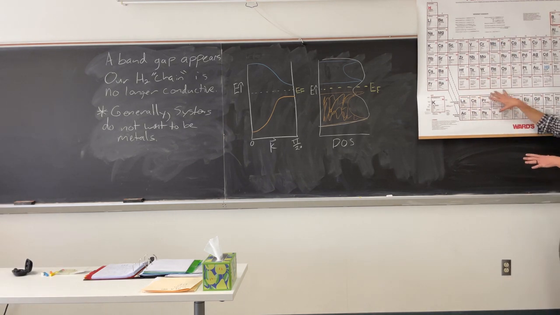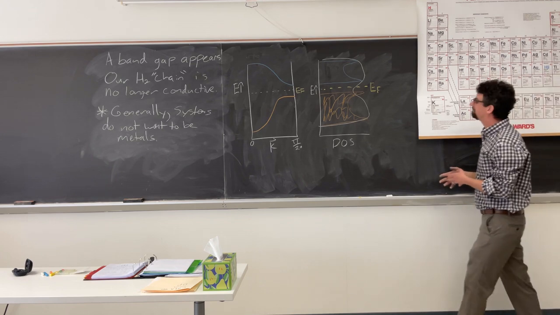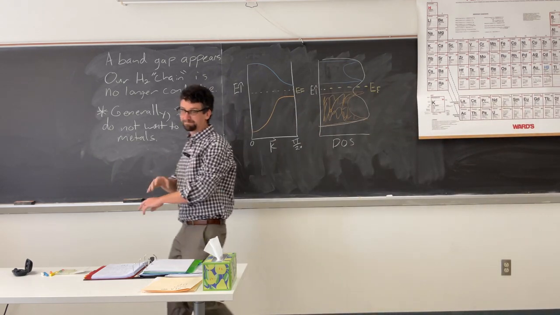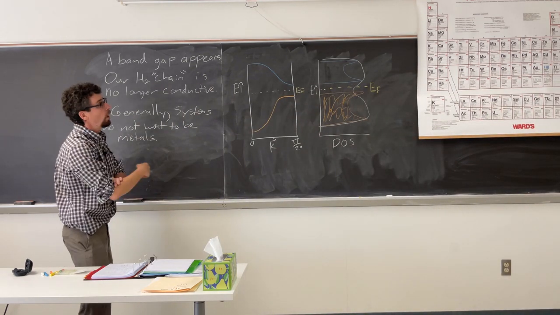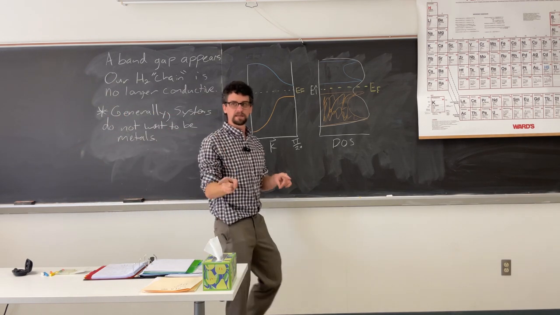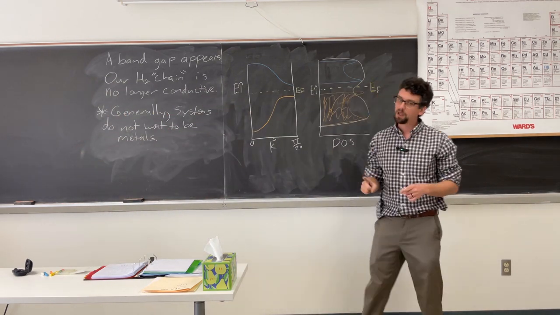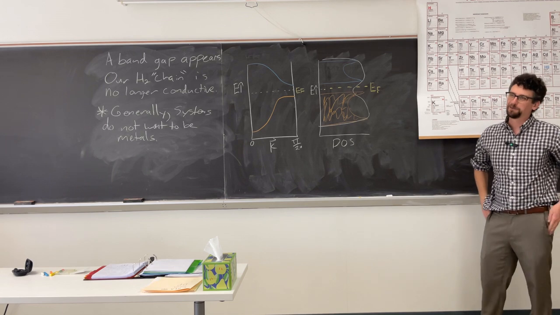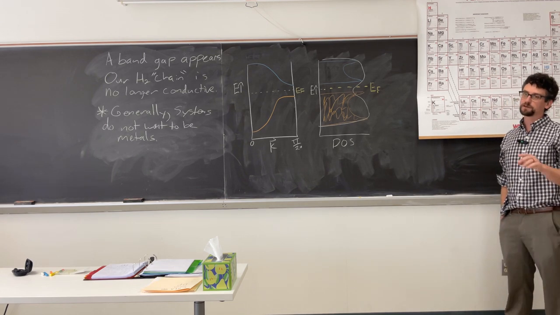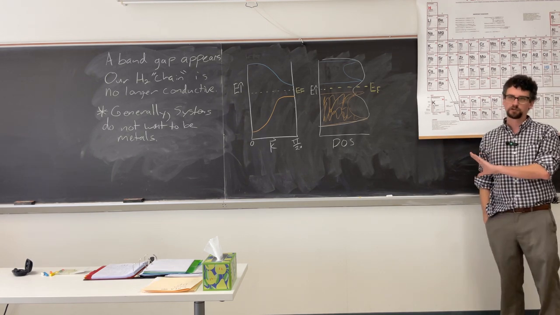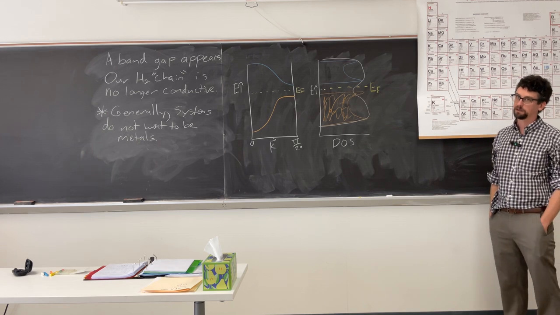Here, you get weird relativistic effects that happen. Isn't titanium not highlighted? Oh, so magnetism is something different. Yep. We're not going to have enough time to talk about magnetism, but there are mechanisms where if you understand the band structure, you can learn about magnetism pretty easily.